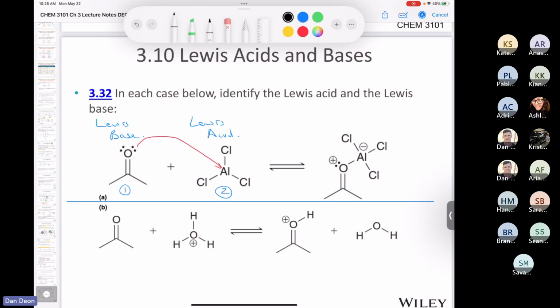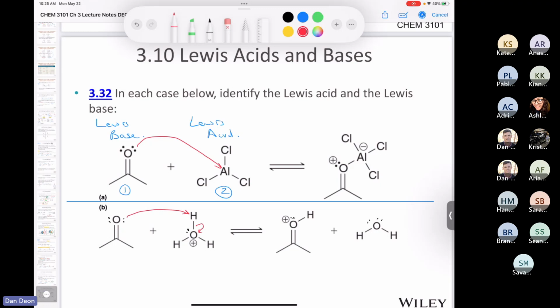It's missing some lone pairs, though, so we'll pencil them in. You need 2 lone pairs on the carbonyl, a lone pair here, a lone pair here, and 2 lone pairs there. So you can see that you're protonating the carbonyl oxygen, and so this is going to attack the proton of the hydronium ion, and then you're going to break one of those bonds and put a lone pair on the oxygen.